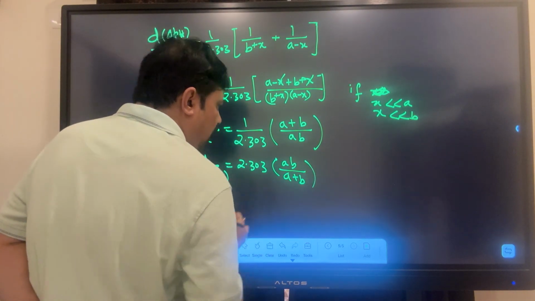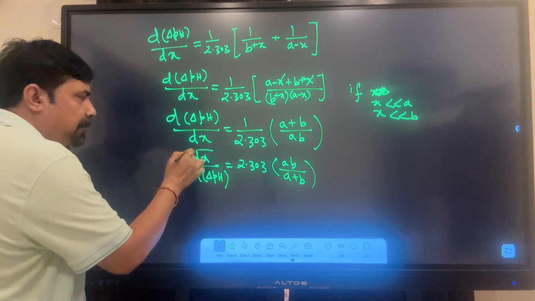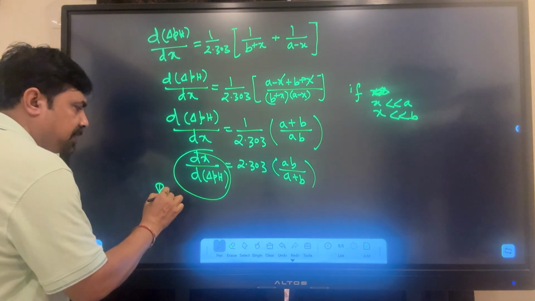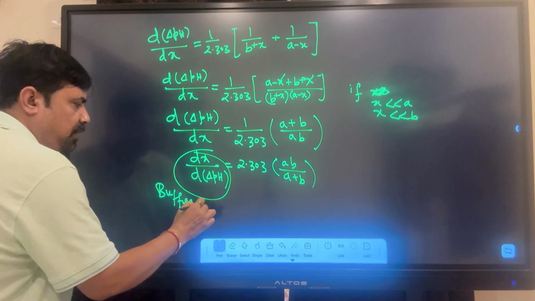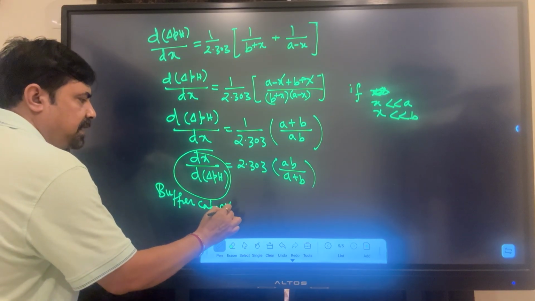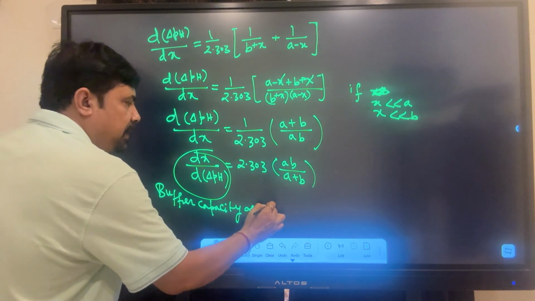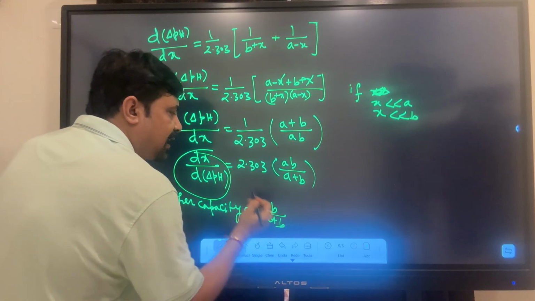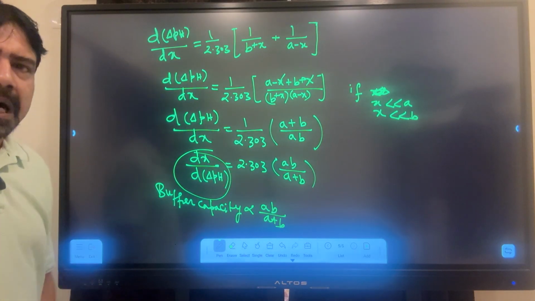That means what I want to mention over here, this is nothing but your buffer capacity. Then buffer capacity is proportional to AB by A plus B. That is what we reached. 2.303 is a constant term.